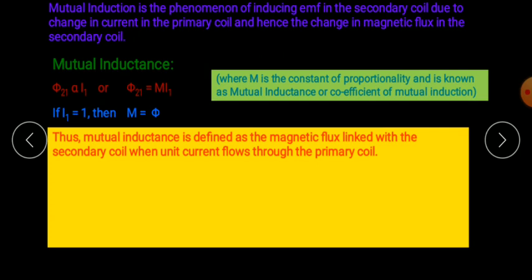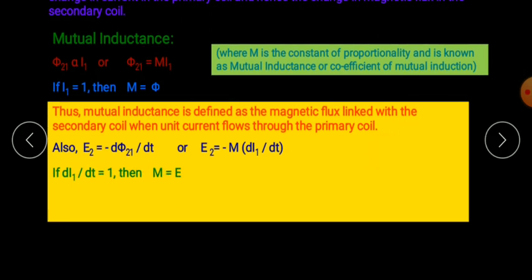If I1 equals 1, then M equals phi. So we can say mutual inductance is defined as the magnetic flux linked with the secondary coil when unit current flows through the primary coil. Also E2 equals minus d phi 21 over dt, where E2 is the EMF induced in coil S due to the change of current in coil P. From these equations, E2 equals minus M di over dt.